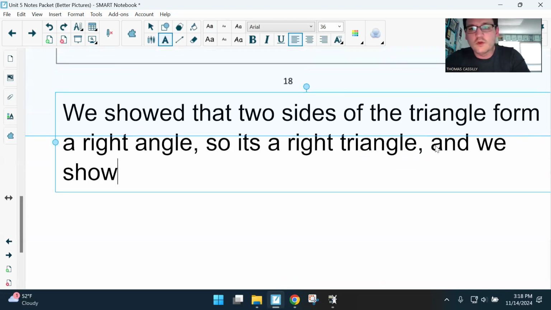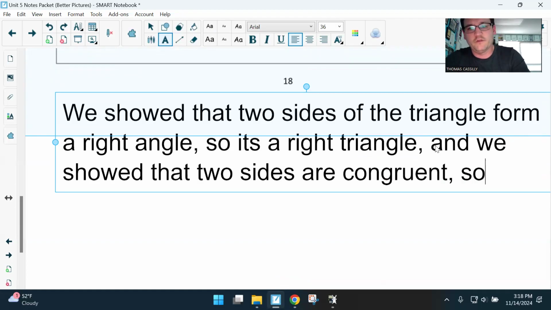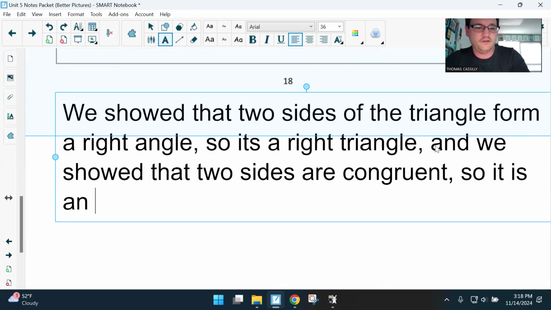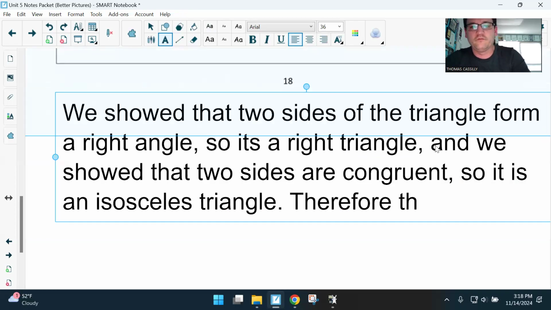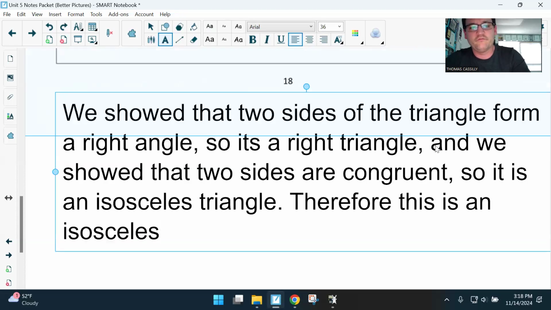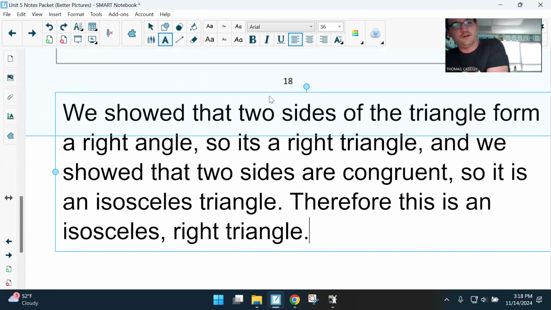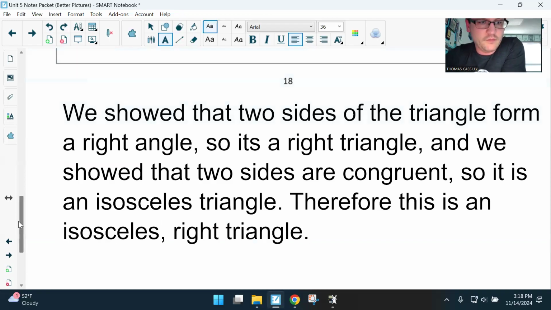And we showed that two sides are congruent, so it is an isosceles triangle. Therefore, this is an isosceles right triangle. All right, there we go.